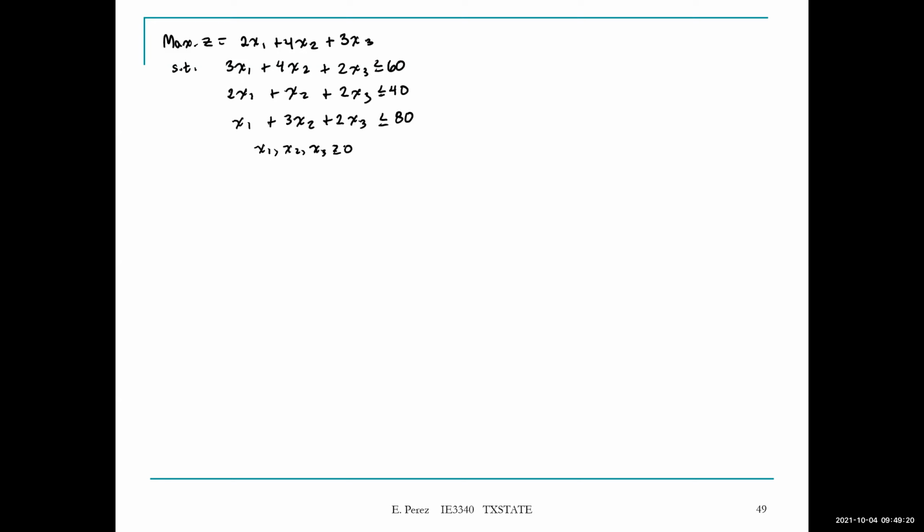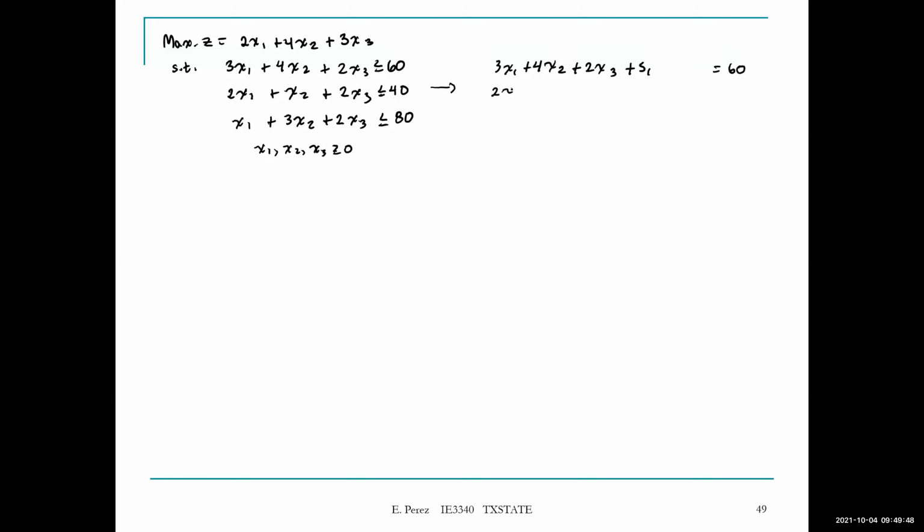So the first step is to set up these constraints into standard form. So this is 3x1 plus 4x2 plus 2x3 plus s1 equal to 60.